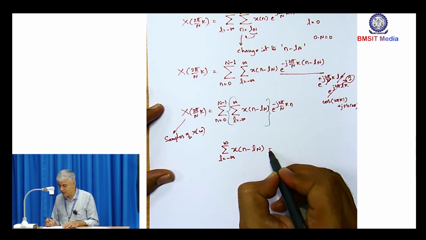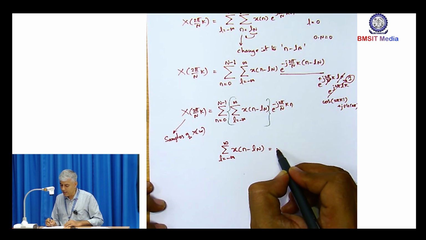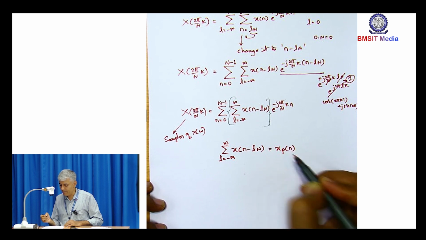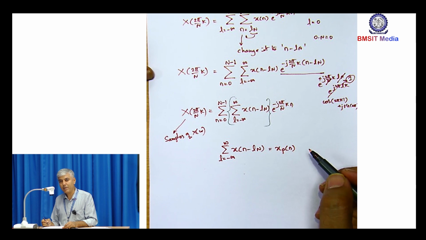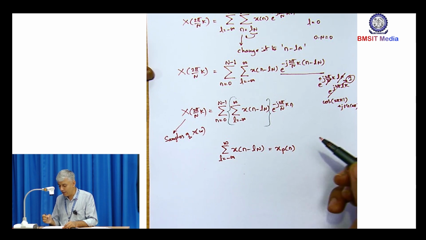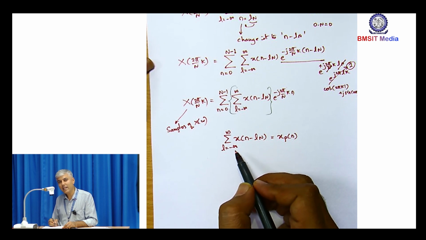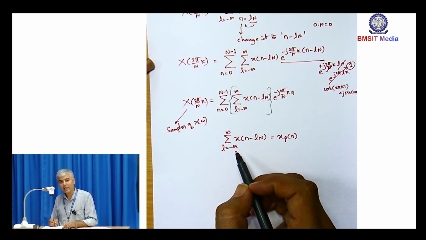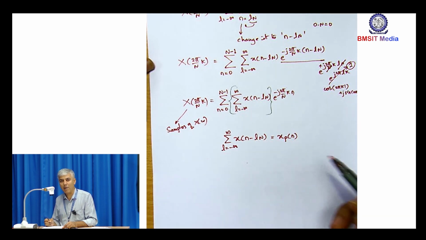Can we call this whole portion as xp of n? What is the purpose of calling it xp of n? It will be evident shortly. What is the range of L? L is ranging from minus infinity to plus infinity. Can we take some examples of L and then see what happens?